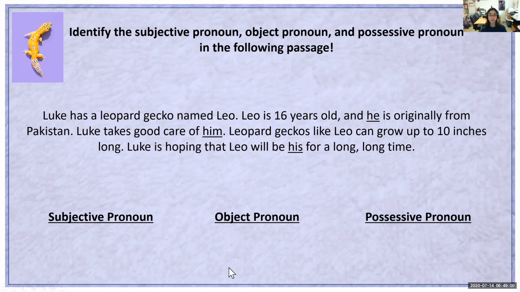Now put the pronoun he under whichever category it belongs, then the pronoun him under whichever category it belongs, and then the pronoun his under whichever category it belongs. I'll let you pause the video and do that.